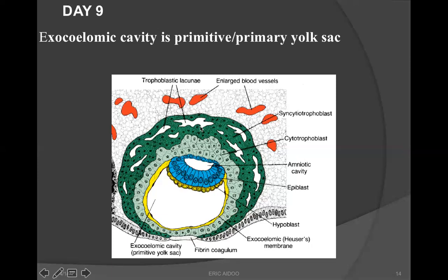Also, note that there are spaces called lacunae appearing in the northern portion of the syncytial trophoblast. So this is going to start collecting blood vessels, okay, and then eventually the placenta is going to form.